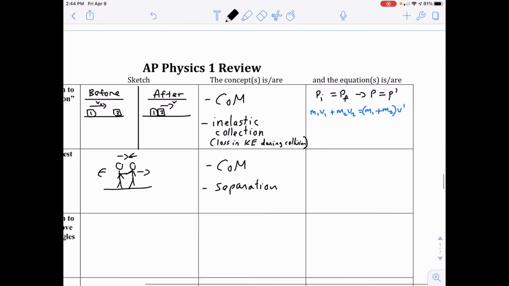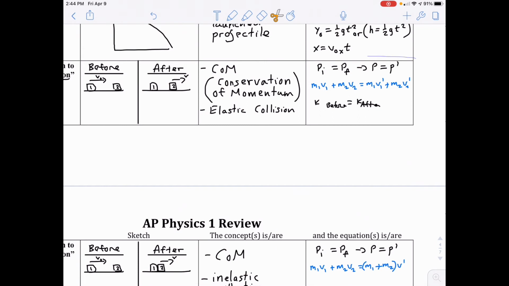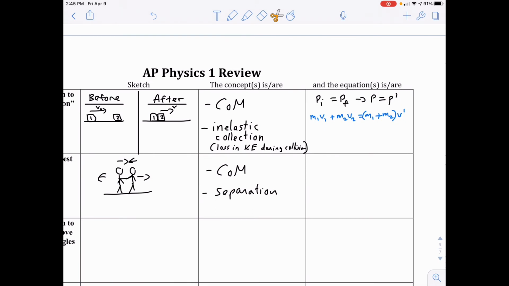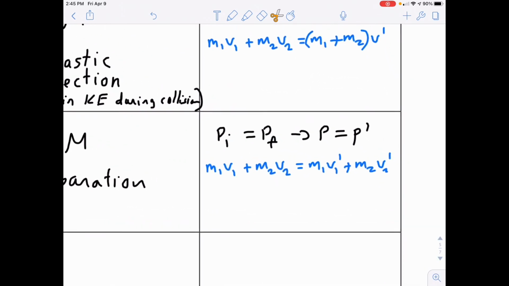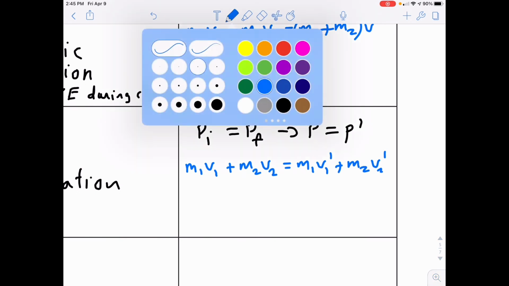Now, we're going to start with the same idea, but here's how we're going to differentiate this equation. Initially speaking, both objects will not have momentum.